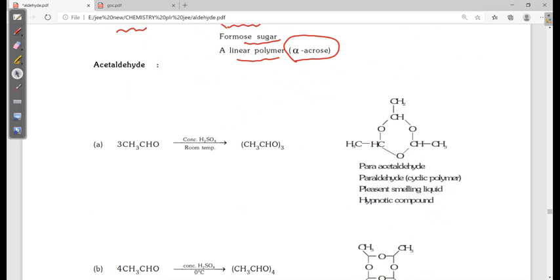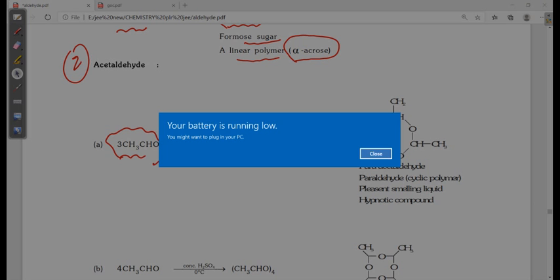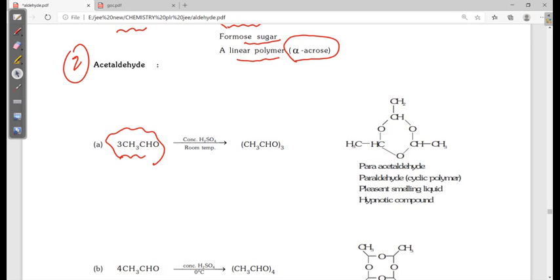Now we are talking about the second compound, acetaldehyde. Three moles of acetaldehyde react with concentrated H2SO4, forming a cyclic ring, the same as formaldehyde. But the name is important here: paraacetaldehyde.